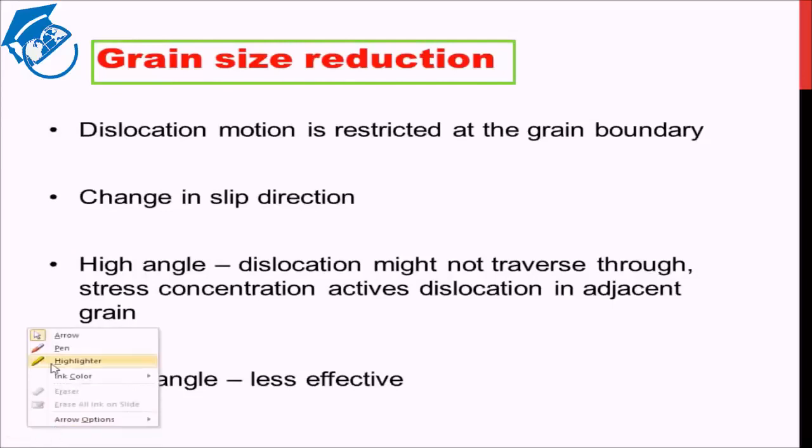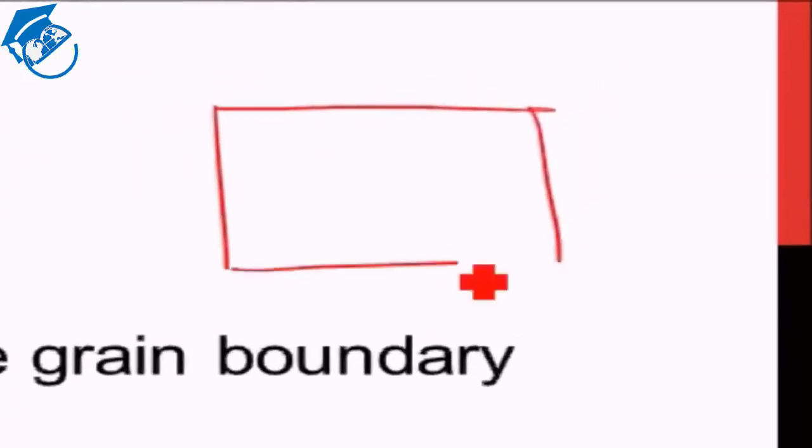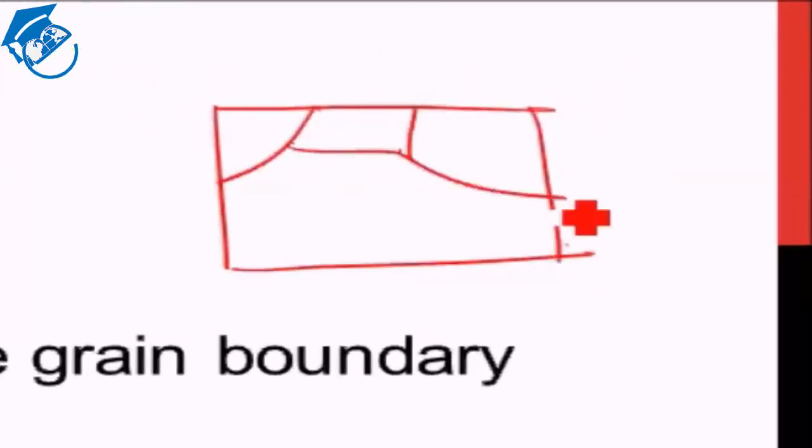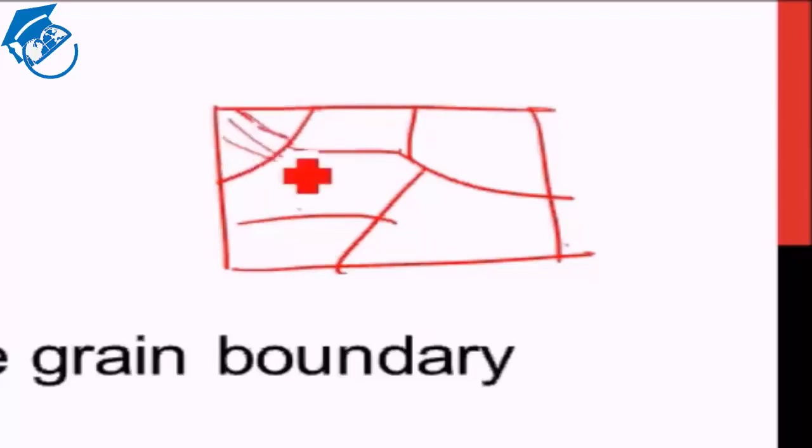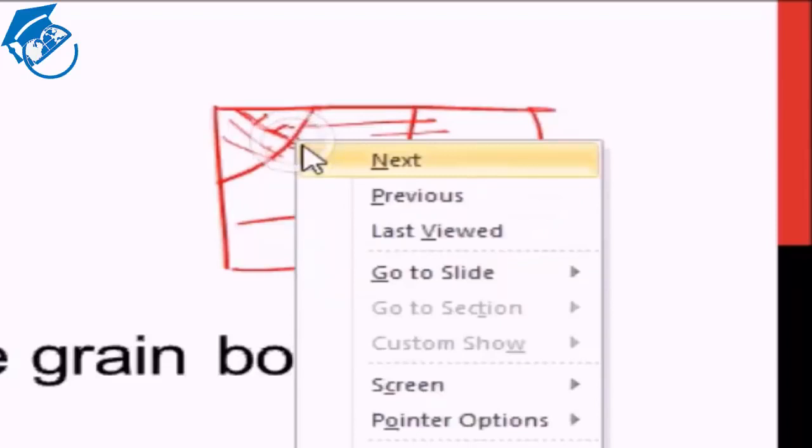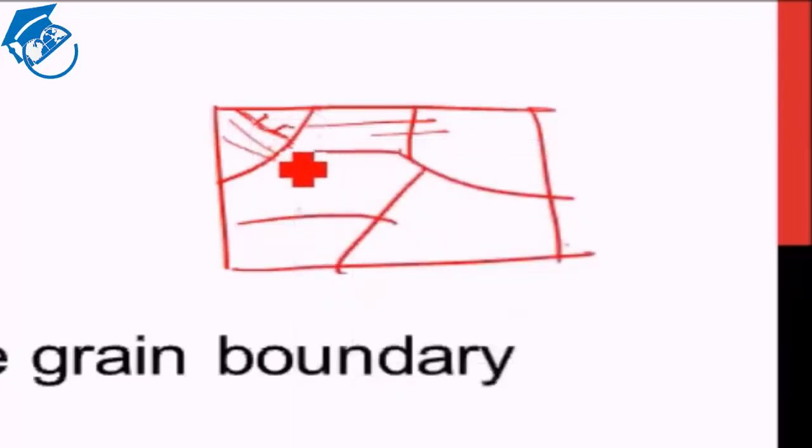As we discussed in the previous lecture, the grain boundaries are sites where dislocation motion is restricted. In the case of polycrystals, suppose we have something like this, and the slip plane, let's say, is in this direction, and over here is in this direction. The dislocation moving in this direction, on coming to the grain boundary, gets restricted because the slip direction is not the same in the adjacent crystal.